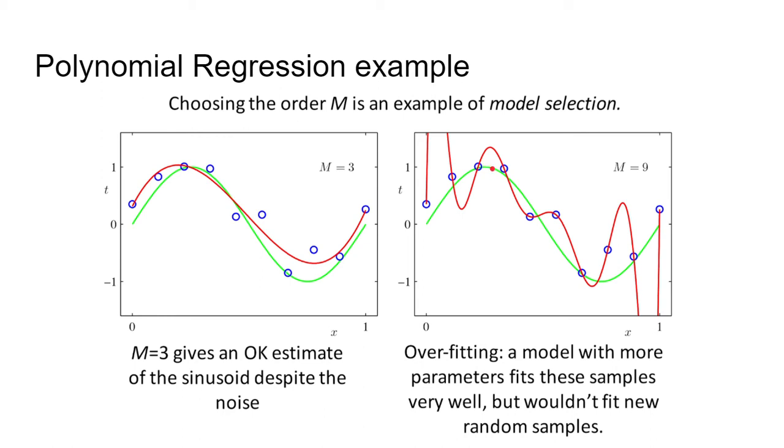For new data coming in, it might do a really, really bad job. And this is something that's going to come up over and over again with any sort of neural network technique.